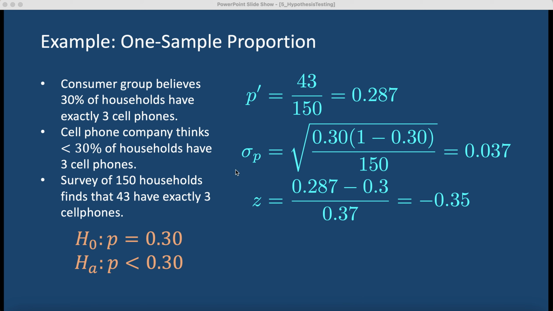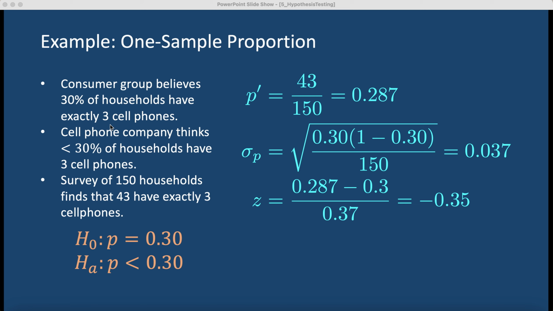So the way this is set up, it gives us our null hypothesis here and our alternative hypothesis here. Remember, the null hypothesis always has the equal sign, and the alternative does not have an equal sign. So for the null hypothesis, we're looking to see if the parameter is equal to, or is reasonable to think that it's equal to, that particular value.